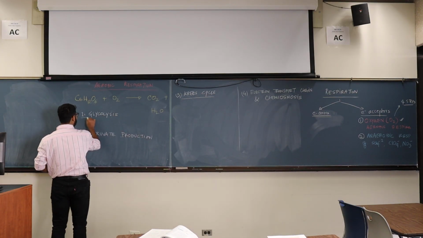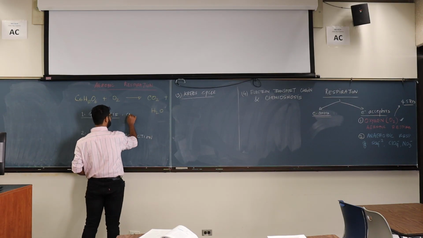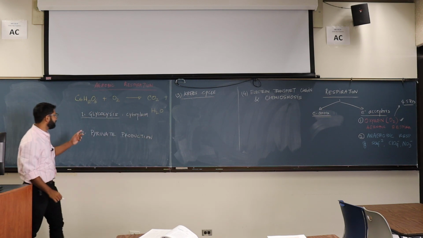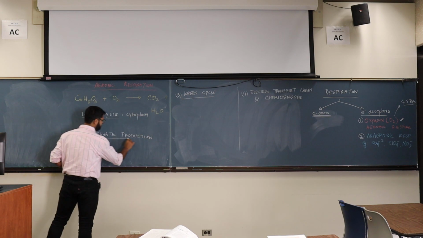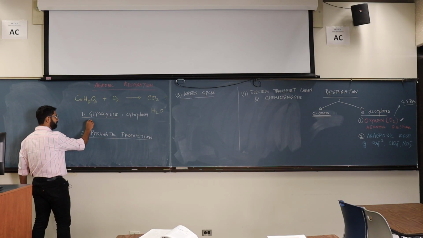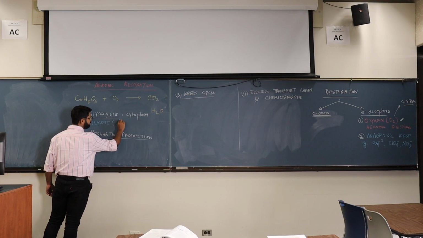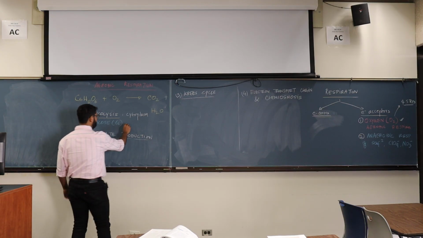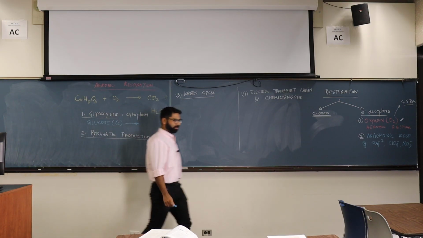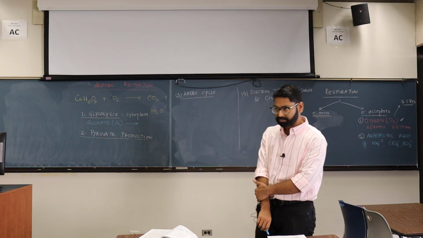Where does glycolysis happen? It happens in the cytoplasm. What happens in glycolysis? You have a glucose molecule. This is a C6, correct? How many pyruvates do you produce? Do you produce pyruvate or do you produce acetyl-CoA?